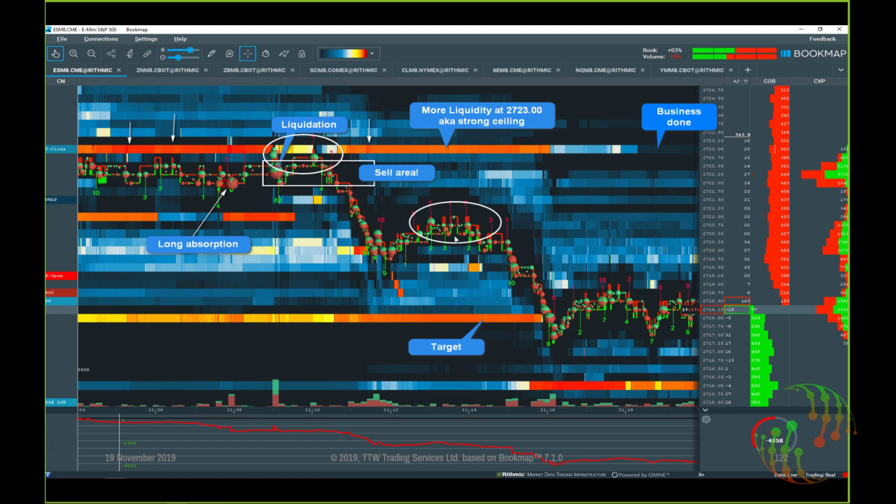This was absorption. When we are entering, then that's our target here at 2018 area. We can take this as an exhausted area and trade and sell the contracts until the market reaches this 18 area here.